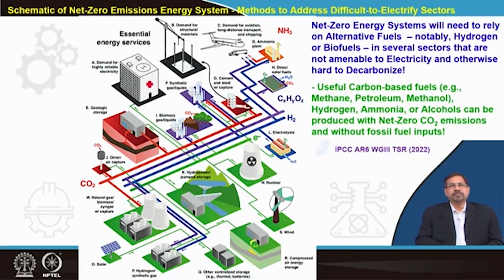Then coming to net zero. As we discussed, this is a schematic diagram of net zero emissions from the energy system or the energy sector. A net zero energy system will need to rely on alternate fuels, notably hydrogen or biofuels, in several sectors that are not amenable to electricity and are otherwise hard to decarbonize.